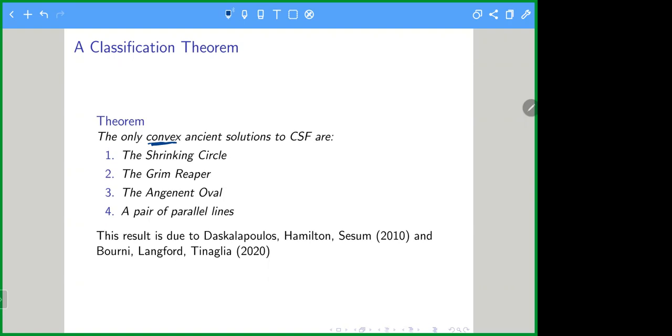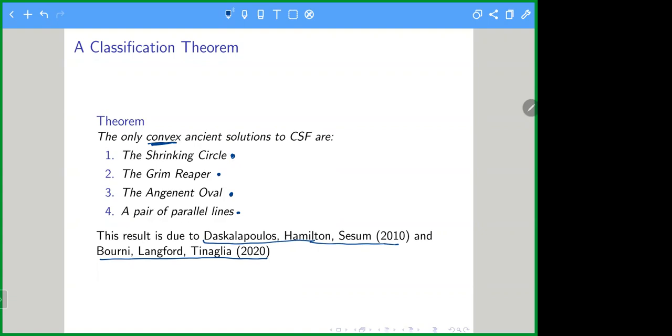This is due to work in 2010 by Daskalopoulos, Hamilton and Sesum, who discussed the case where these are embeddings of the circle, and they proved that you have to be one of these two. The non-compact case was completed by Bourni, Langford and Tinaglia, published in 2020. That takes care of the other two cases.